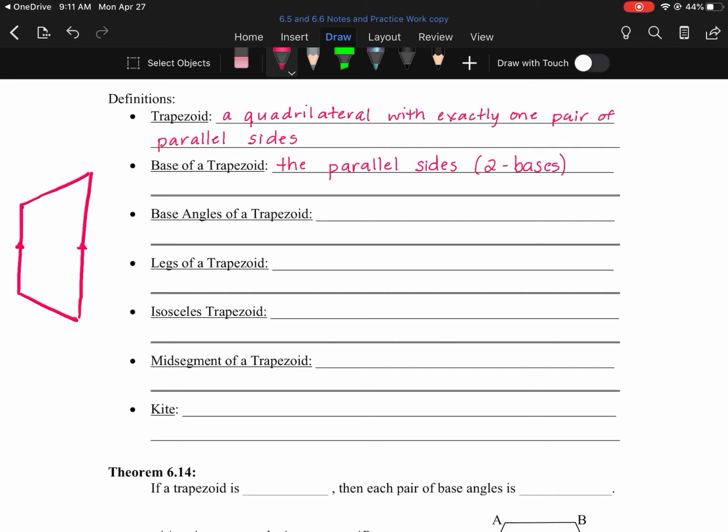I'm going to write base up top and base at the bottom. The base angles of a trapezoid are the two angles formed by one base and the legs.